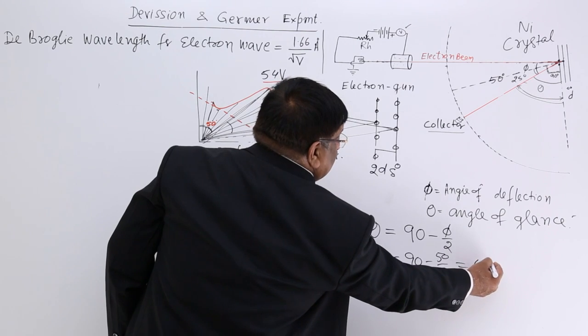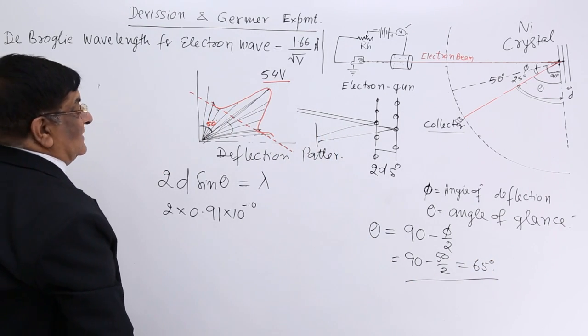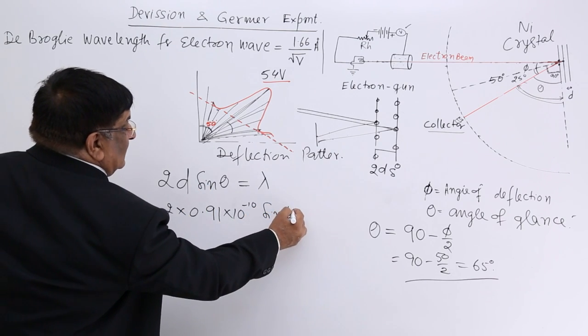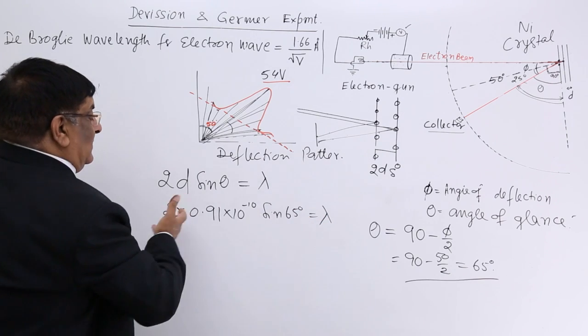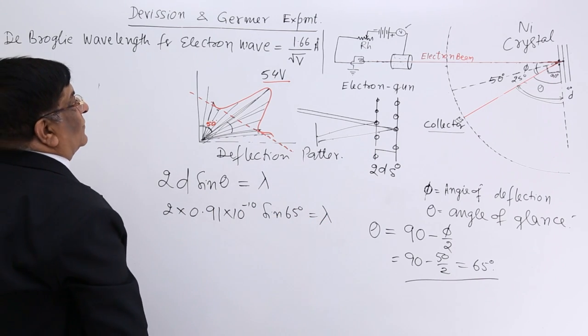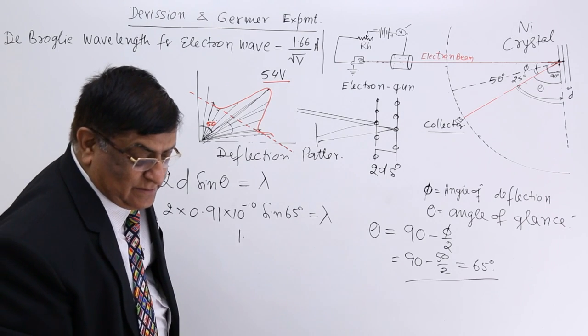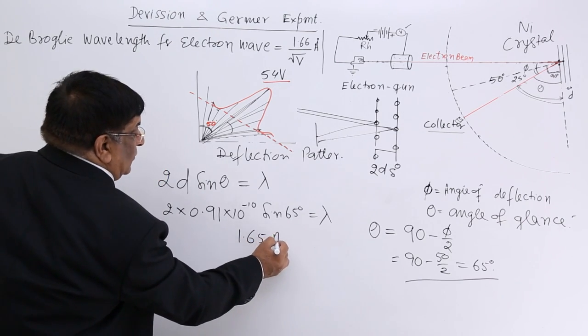This is 65 degrees. So, with this glancing angle fitting here, this is sine 65. This is equal to lambda, and we solved it. When we solved it, it comes to be 1.65 angstrom.